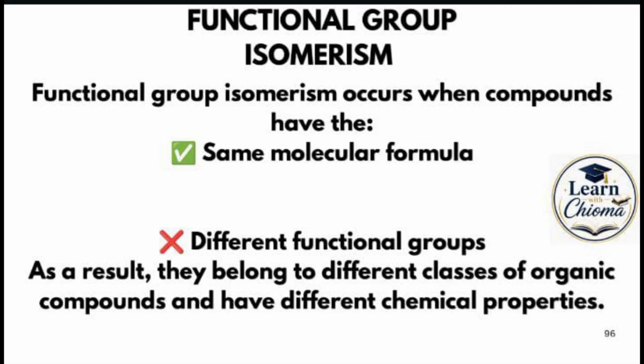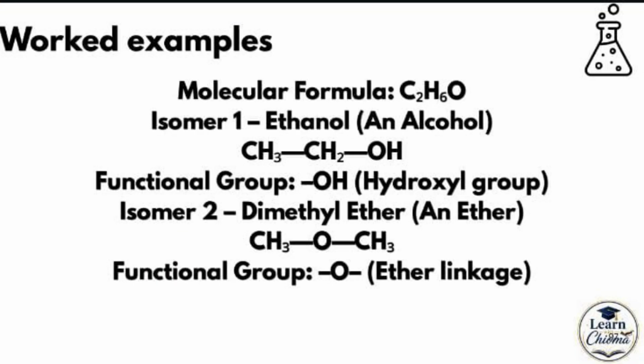Let's look at another fascinating type of structural isomerism called functional group isomerism. In this type of isomerism, the compounds have the same molecular formula, but they contain different functional groups. Consider ethanol and dimethyl ether. Both have the molecular formula C2H6O. Ethanol contains the hydroxyl group, making it an alcohol.